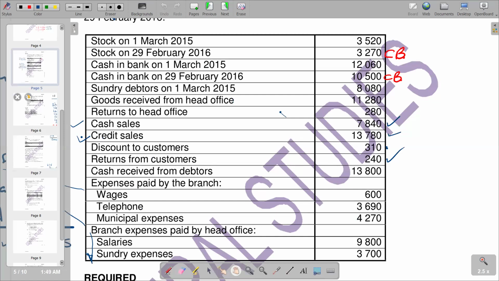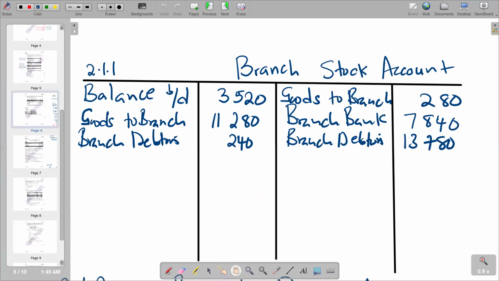So we come here now. It's supposed to appear as our balance c/d in the branch. Obviously it has to appear on the credit side, since we have PT on the debit, so c/d will be 3,270.